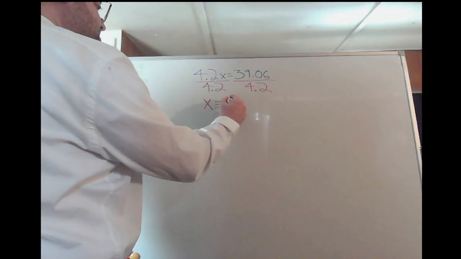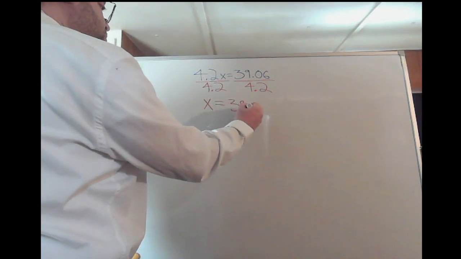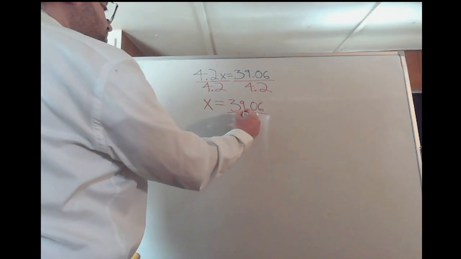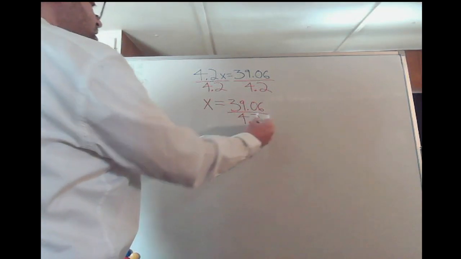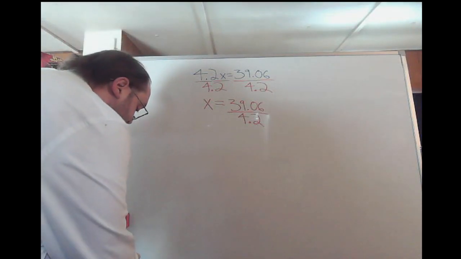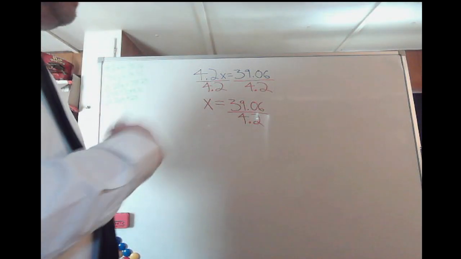So you'll have x is equal to 39.06 divided by 4.2. Okay, now we are left with a decimal division equation, which I will work out over here. So we have 39.06 divided by 4.2.